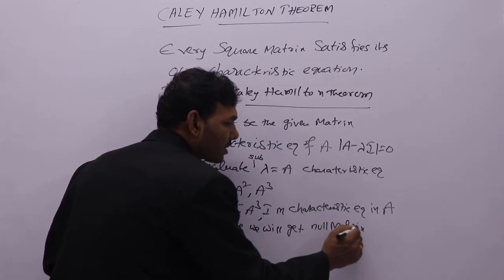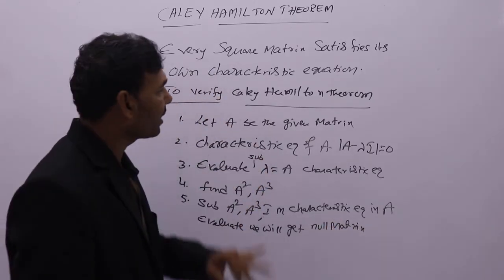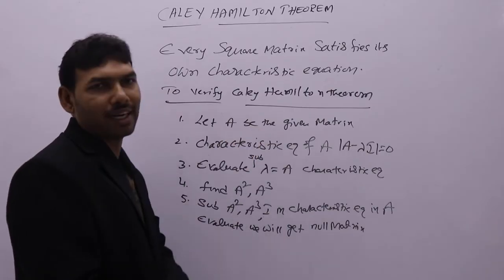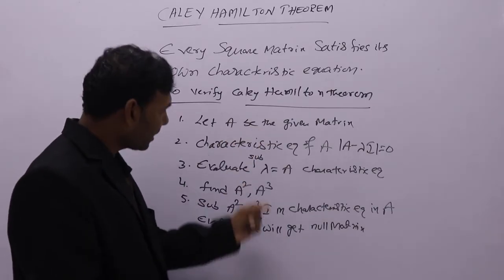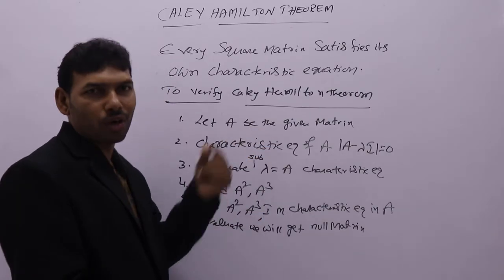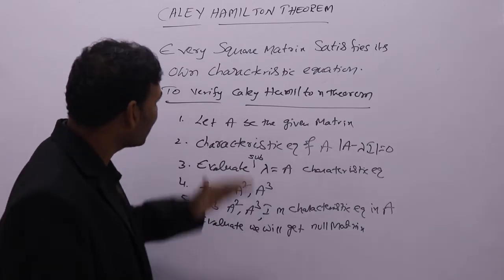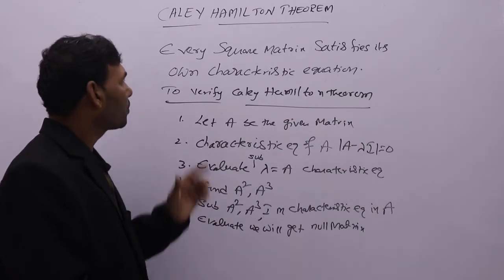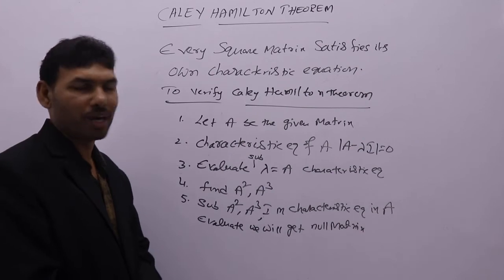That means the matrix A satisfies its own characteristic equation. This is the procedure to verify Cayley-Hamilton theorem.